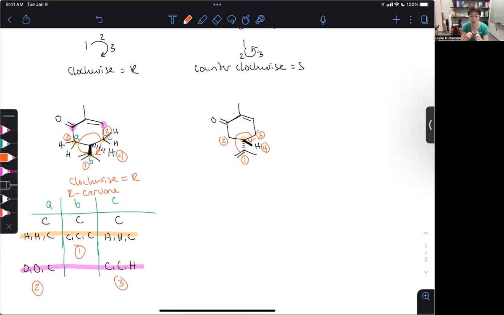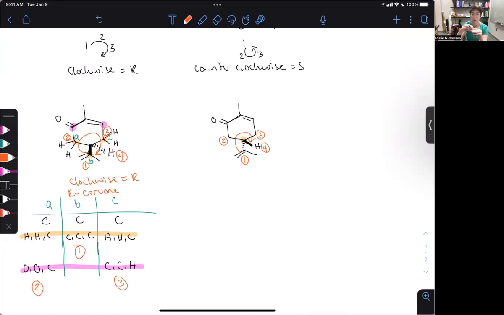is I'm going to take these off first. Okay, so the way that I have this drawn, I've got carbon, carbon in the plane, and then wedge, dash at the bottom. So 4 is my wedge, so that's going to be the one pointing at me, and I'm going to make that the one pointing at you. And then 1, which is going to be red, is going to be pointing away from you.